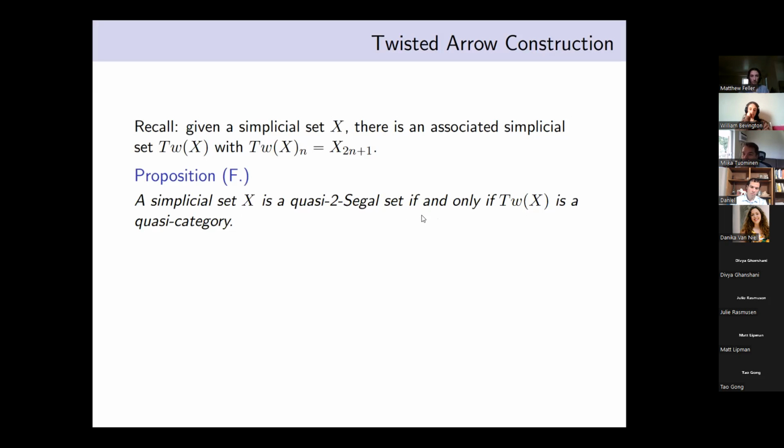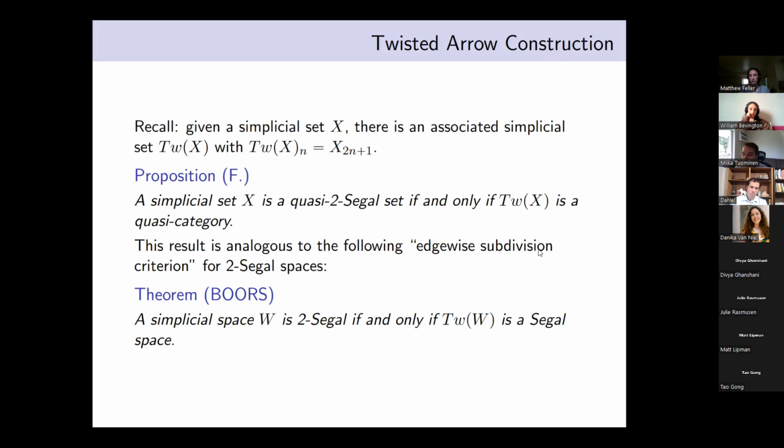So this doesn't come out of nowhere. This is an analog of a theorem for 2-Segal spaces, where another word for the twisted arrow construction is the edgewise subdivision.